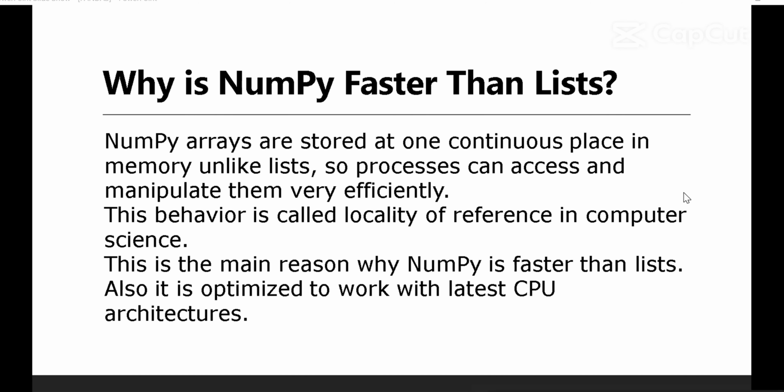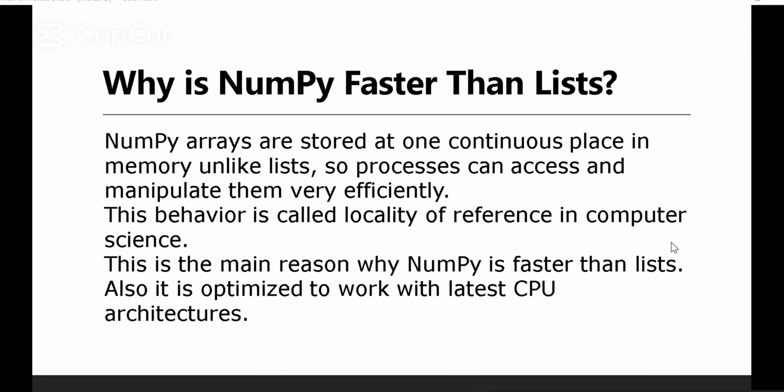It is very important in computer science. This is the main reason why NumPy is faster than lists. Also, it is optimized to work with the latest CPU architectures. So this is a little introduction of NumPy.